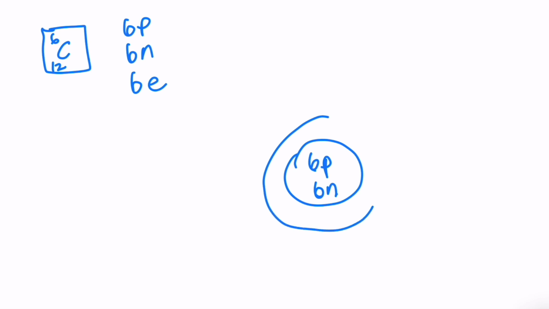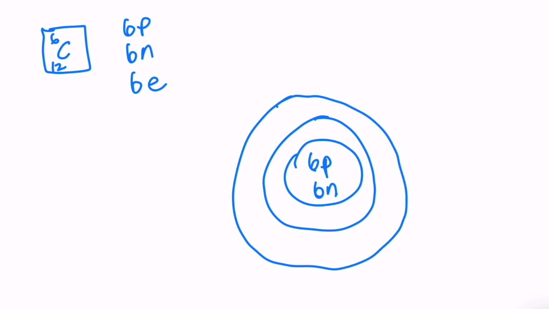Outside the nucleus, you have shells or orbitals, and this is where electrons are found. The first shell can only hold up to 2 electrons. Now remember that carbon has 6 electrons. We placed 2 of them. The other 4 we're going to place on the outside, on the second shell.